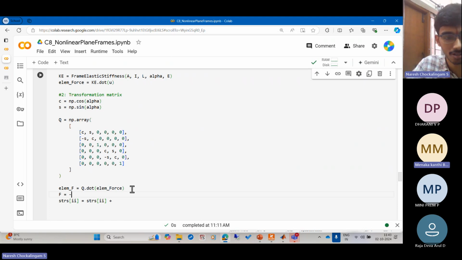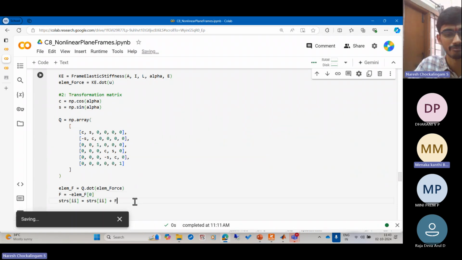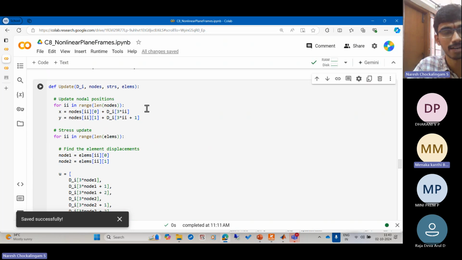So I'll take minus of LM F of 0. So stress will become stress plus F. That's all. So this is the end of it, right? So just have the overall flow in mind. Later you can look at the code. I'm doing it fast because we are out of time.